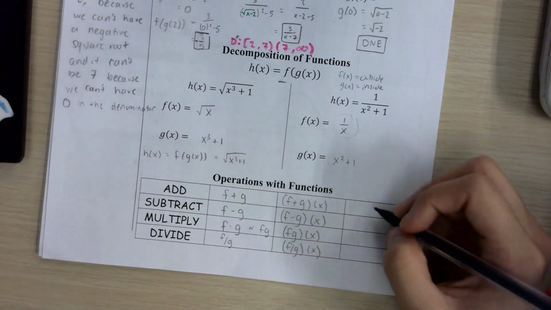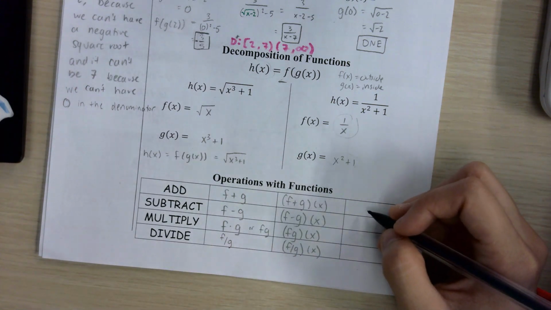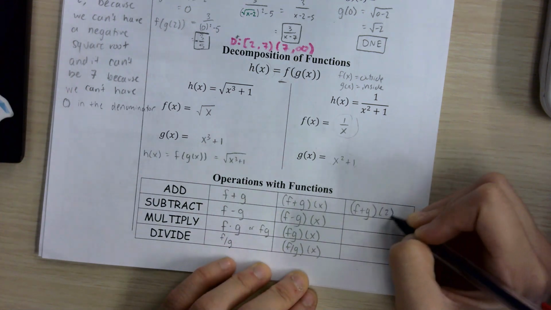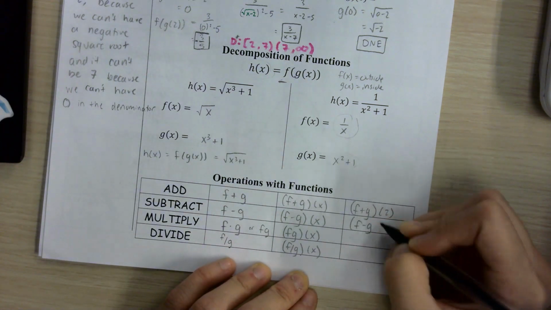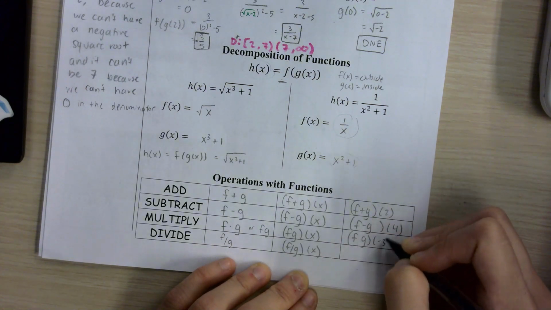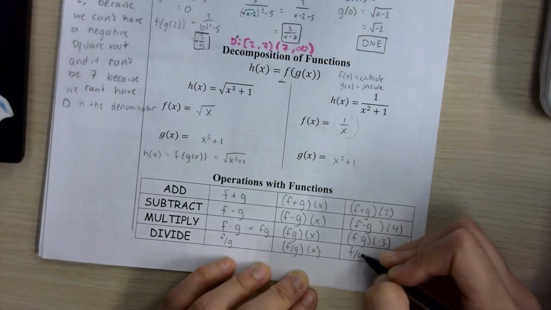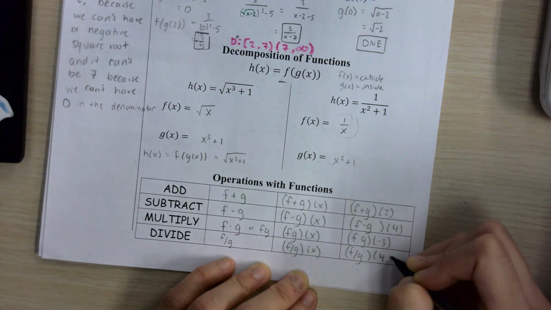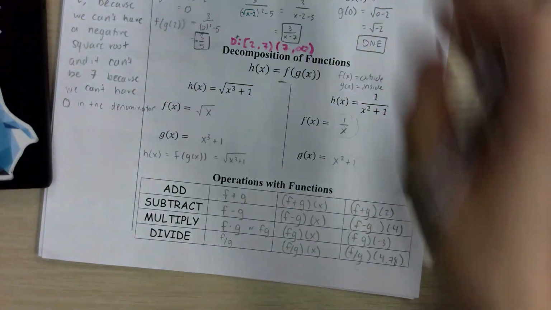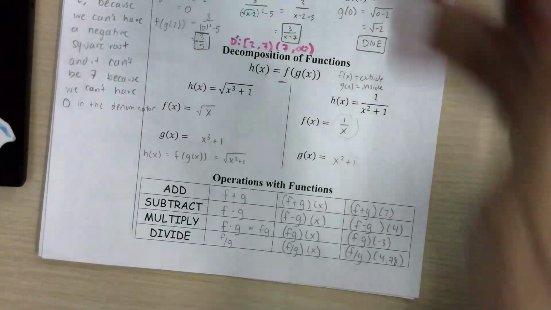And then you could see an example with an actual number, right? So we could have f plus g of 2, f minus g of 4, fg of negative 3, f divided by g of 4.78. So there's a ton of different examples where you're solving at a point and then just solving in general.